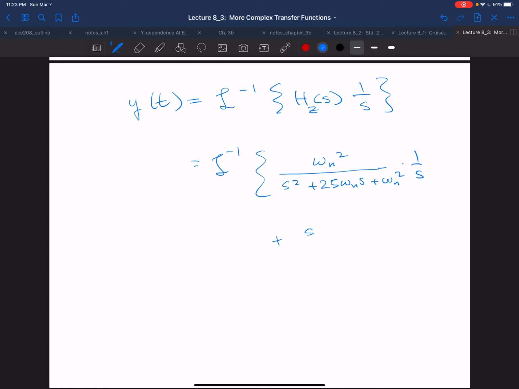plus s over alpha zeta omega n times another copy of the standard second order transfer function. Again times 1 over s.